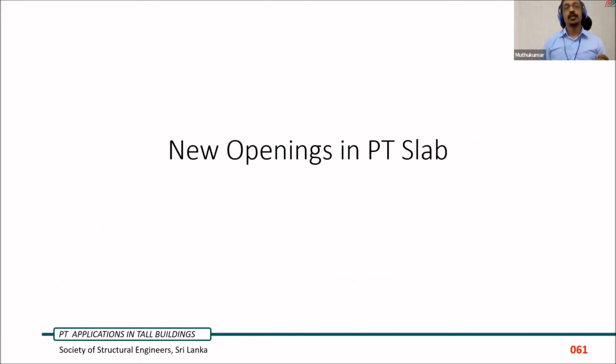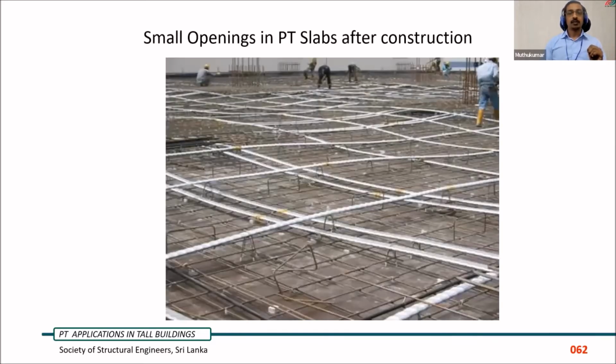Next, we will move on to introducing a new opening in a post-tension slab that has already been constructed. Generally, the spacing between tendons is around 1 meter, or a minimum of 500 mm apart. So introducing an opening in between will not be an issue after construction.